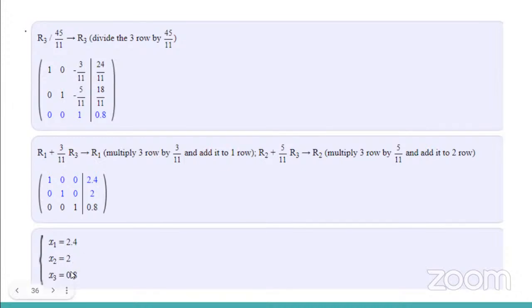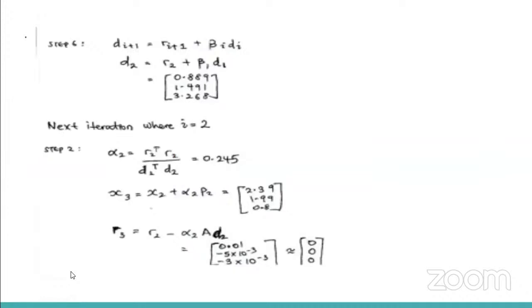Let's look at our method when we use the iterative method. We got 2.39, which is close to 2.4, right? For x2 the Gaussian was 2, which is close, and x3 was 0.8 exactly. So this is the closest solution using the iterative method.